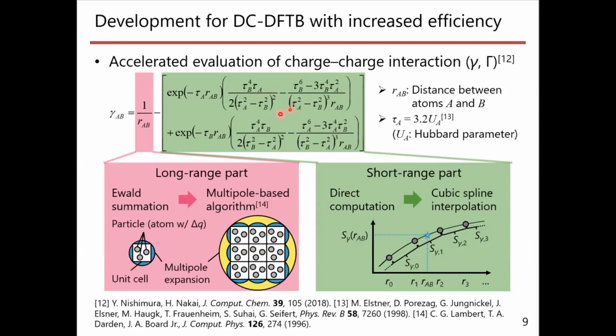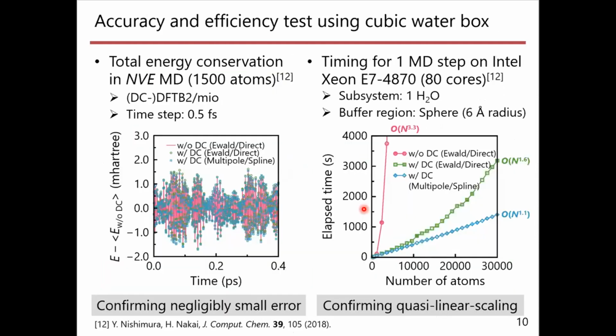To accelerate the DC-DFTB calculation for periodic systems, we adopted two efficient algorithms for charge-charge interaction evaluations in the two-electron integrals in Hartree-Fock and DFT calculations. First, for the first term of the gamma function that describes the long-range Coulomb interactions, the originally employed Ewald summation was replaced by multipole-based algorithms to speed up the calculations.